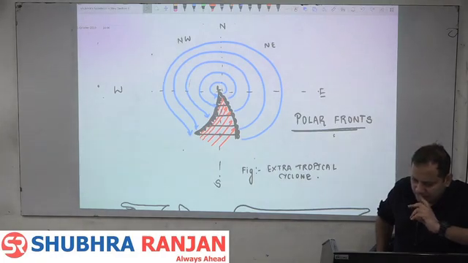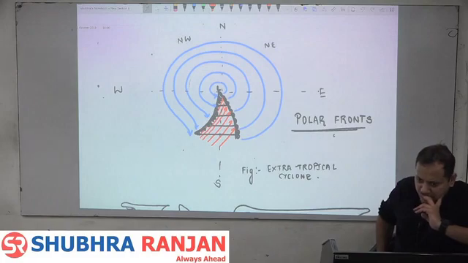In the temperate cyclone, the isobars are not closed.